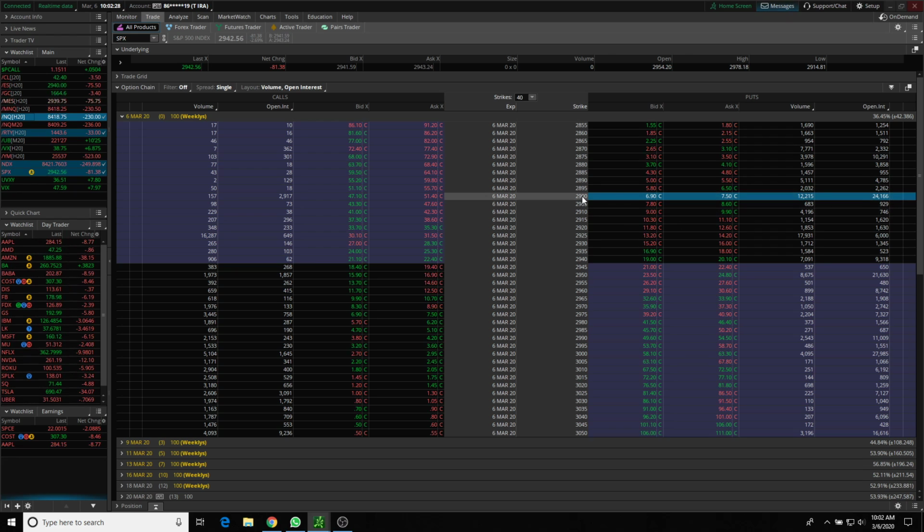This is the 2900 strike right here. This is the contract that I traded. You can see there was a significant amount of open interest carried over from the previous day. And so I was looking for this as a potential target. Go back to the chart.